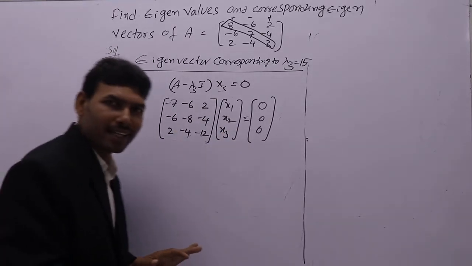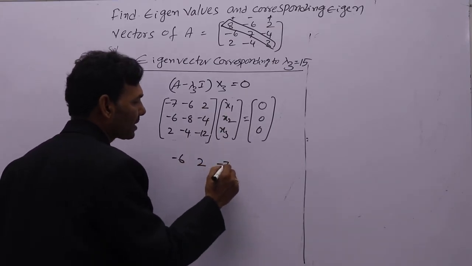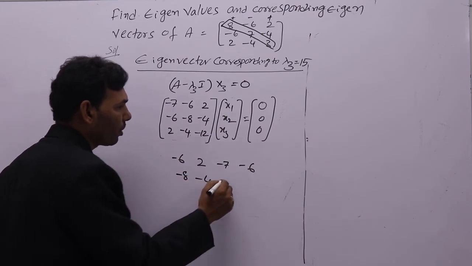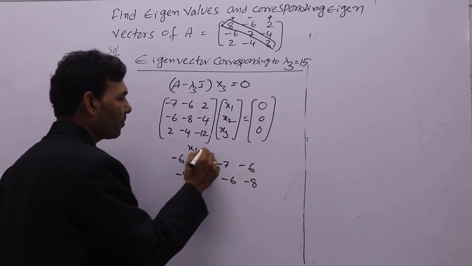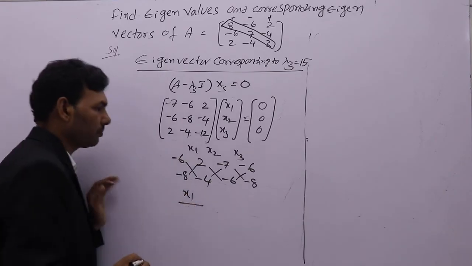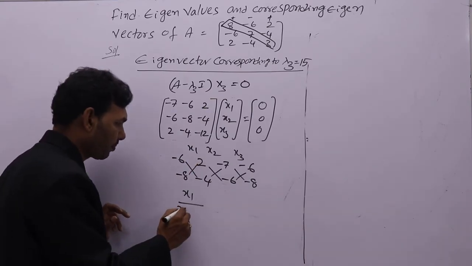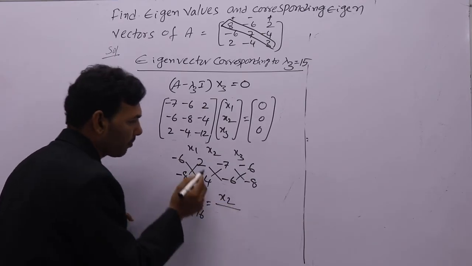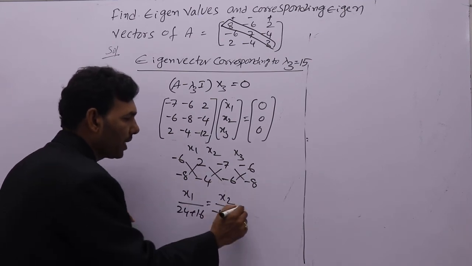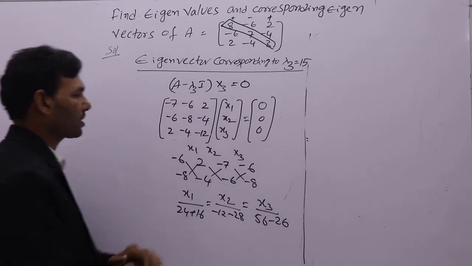Again the same procedure as we did. From the second element onwards: minus 6, 2, minus 7, minus 6; minus 8, minus 4, minus 6, minus 8. x1, x2, x3. x1: 6 times 4 is 24 plus 16. x2: 2 times 6 is 12, minus into minus, minus 7 times 4 is 28. x3: 7 times 8 is 56, minus 36.